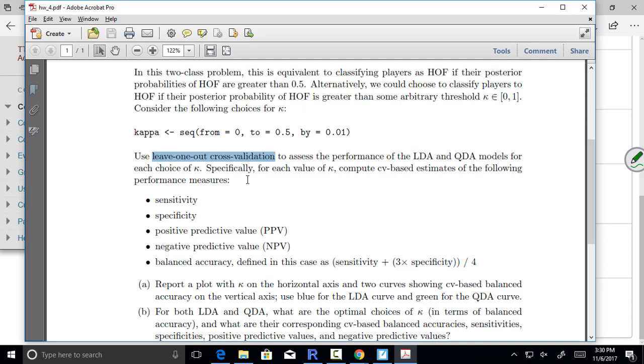So I'm asking you in the homework to do a particular type of cross-validation that, again, I'll show you more detail on Wednesday: leave-one-out cross-validation. And I want you to use cross-validation to estimate the error rates I'm requesting.